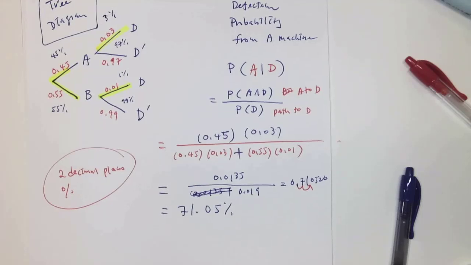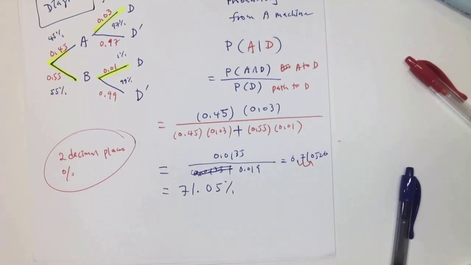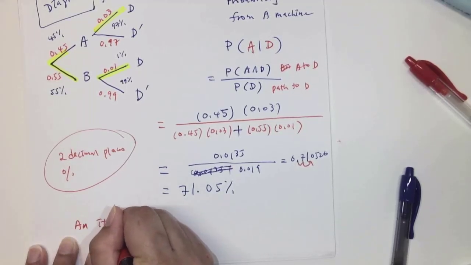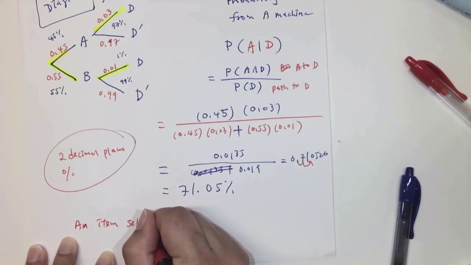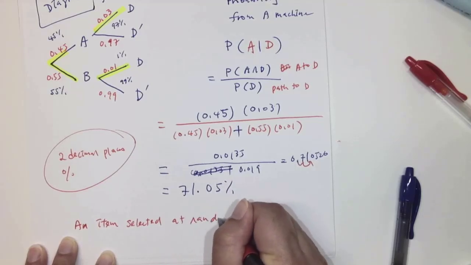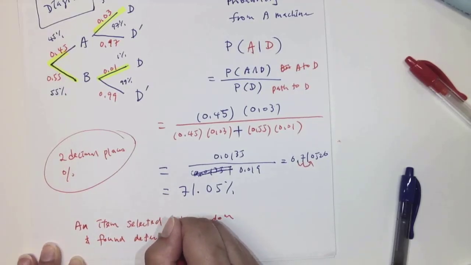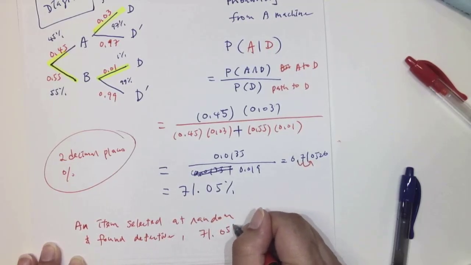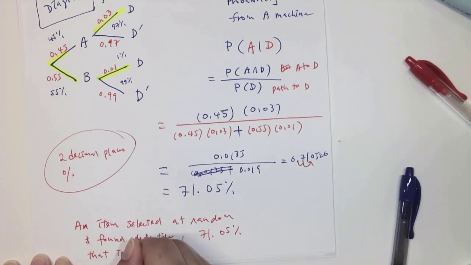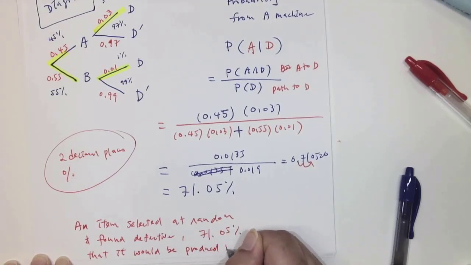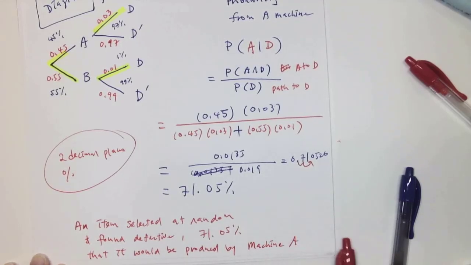So this means they ask you to write an answer statement. If you pick an item randomly and find it's defective, there is a 71.05% chance that it was produced by machine A. An item selected at random and found defective has a 71.05% probability that it would be produced by machine A, something like that.